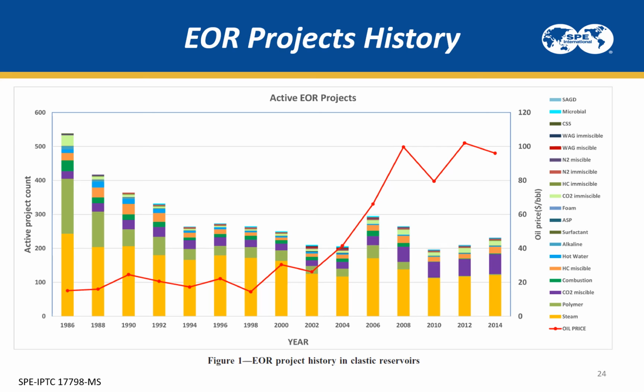And we can notice that EOR implementation is reduced when oil price is stabilizing, but when oil price is increased, then the countries and the companies think again to use EOR. We can notice that EOR implementation again increased up to 2014.